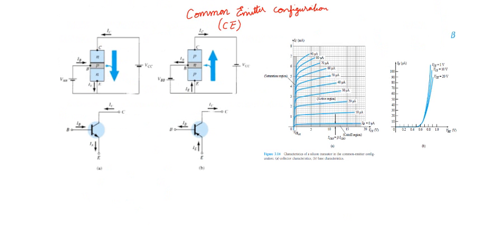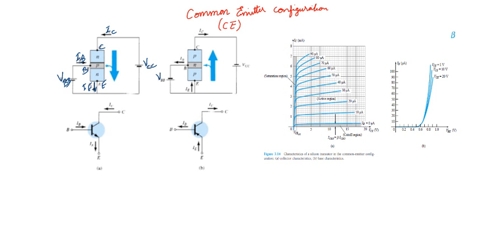This is the common emitter configuration. We can see here. Maybe I have to write it for you. So this is your collector current. This is your base current. This is your emitter current. This is your VBB. This is your VCC. This is your base, collector, emitter.